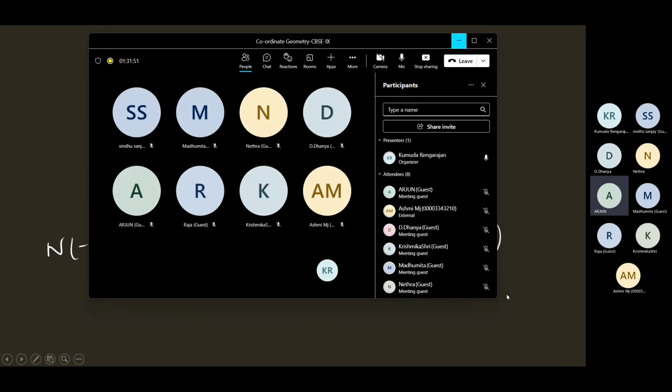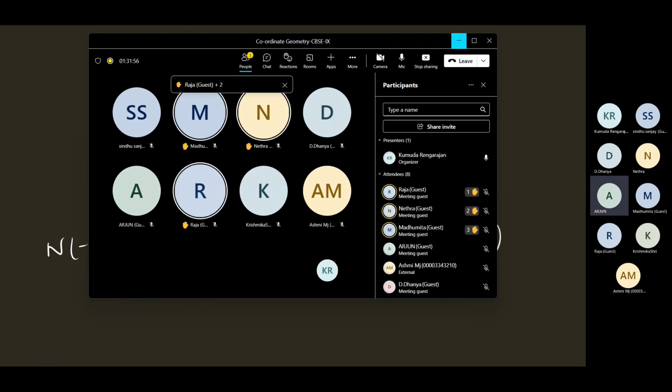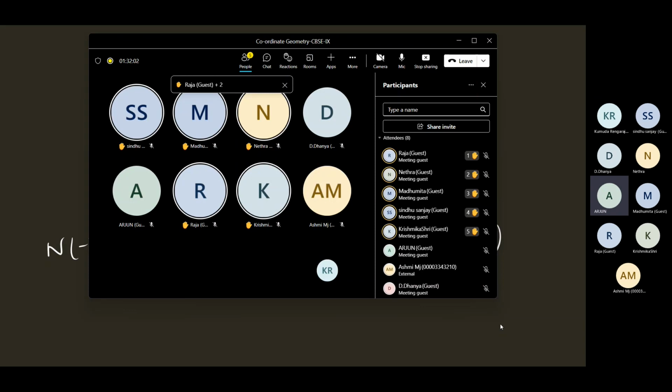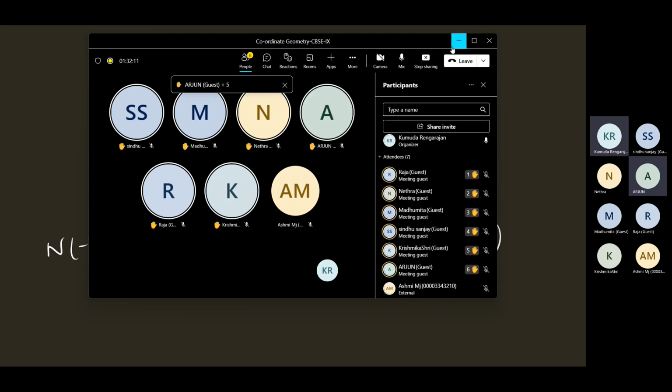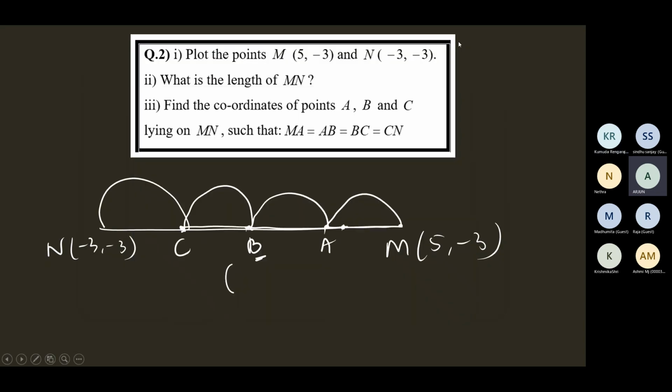Class, raise your hand. What is the sum of the x coordinates of MN? 5 minus 3, 2. Divide by 2. 1, comma. Add the y coordinates. Minus 3, minus 6. Divide by 2. Minus 6 divided by 2, minus 3.